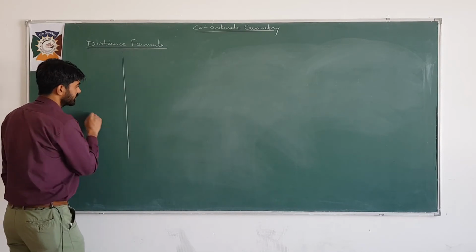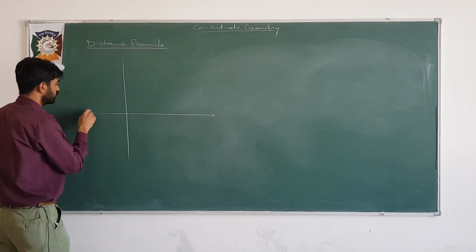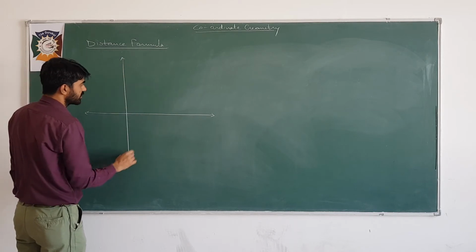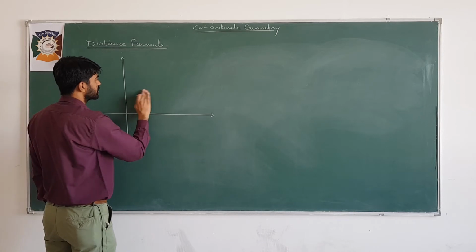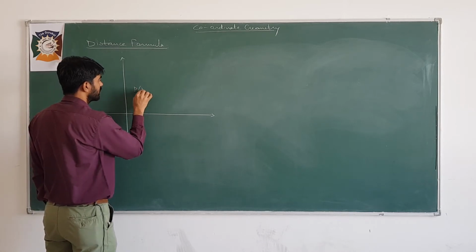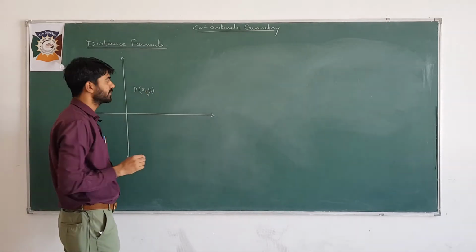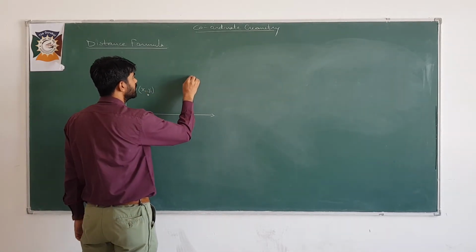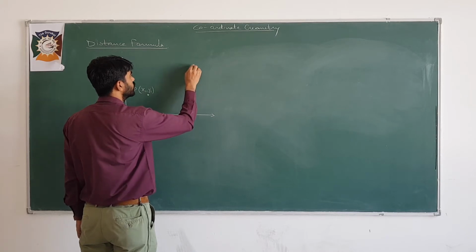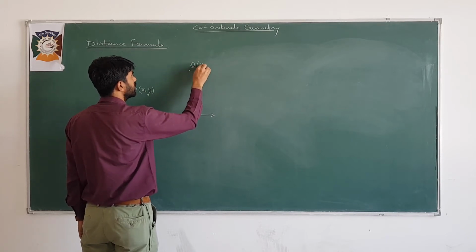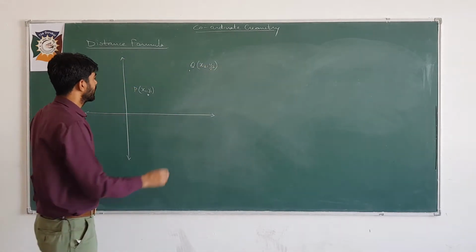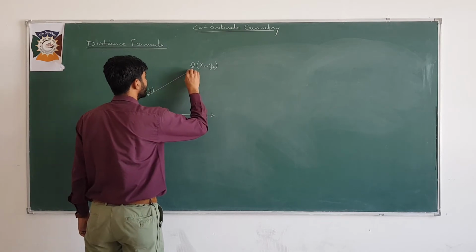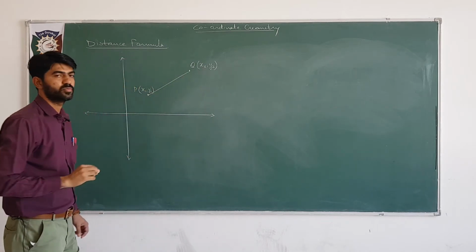So, for that, let us consider 2 points. Suppose this is point P, coordinates are x1, y1. These are the coordinates of point P. And here somewhere we have a point, let it be point Q, and the coordinates are x2 and y2. We need to find distance between these 2 points.